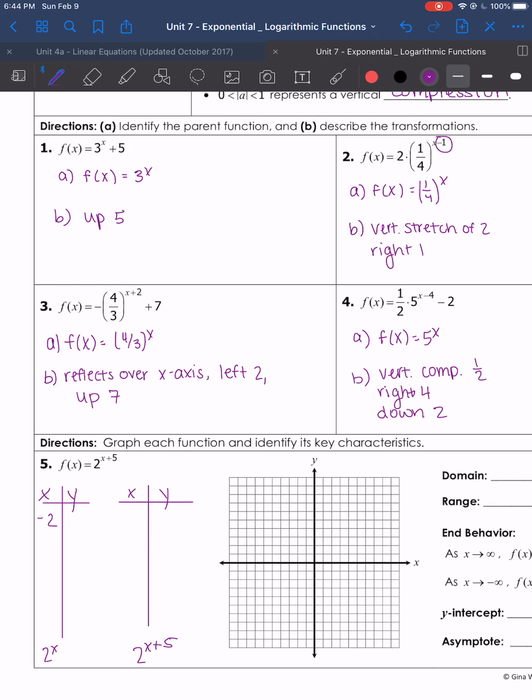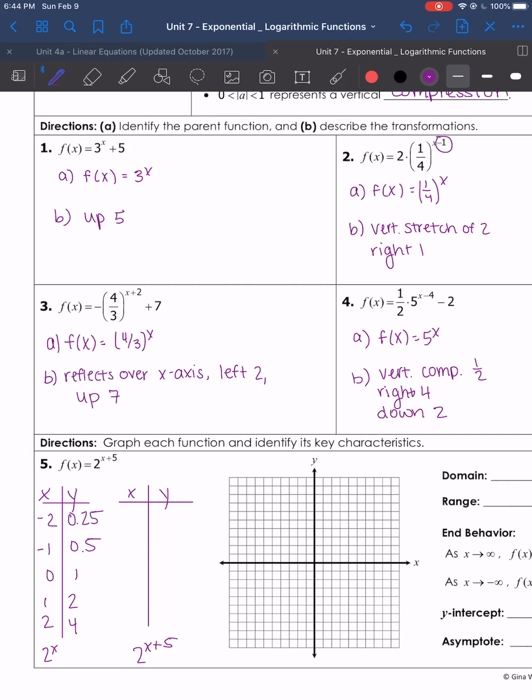Because we're adding it to x, it'll change the x. Y will be 0.25 or 1/4, 0.5 or 1/2, 1, 2, and 4.